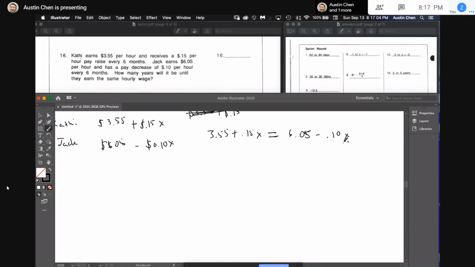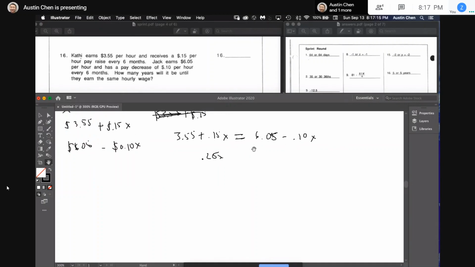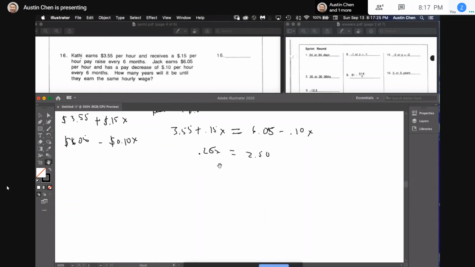So we have minus 0.1x, we add 0.1x to both sides. We're going to get 0.25x on this side. And then we subtract 3.55 from 6.05. So that will give us 2.50. And then now we just divide both sides by 0.25.